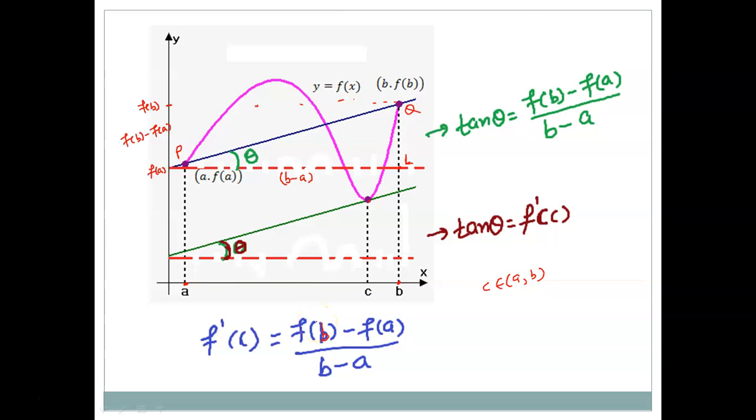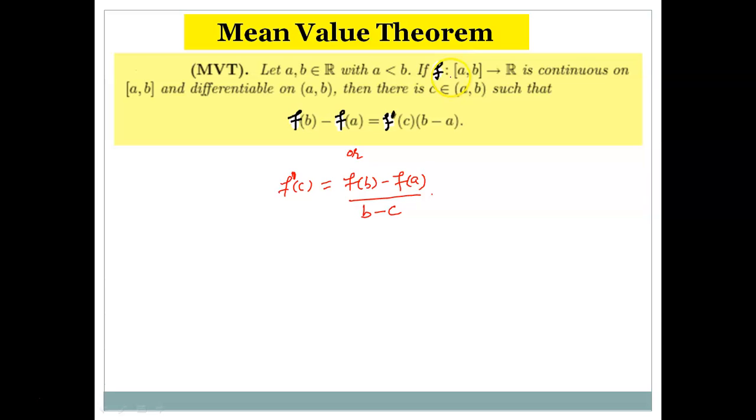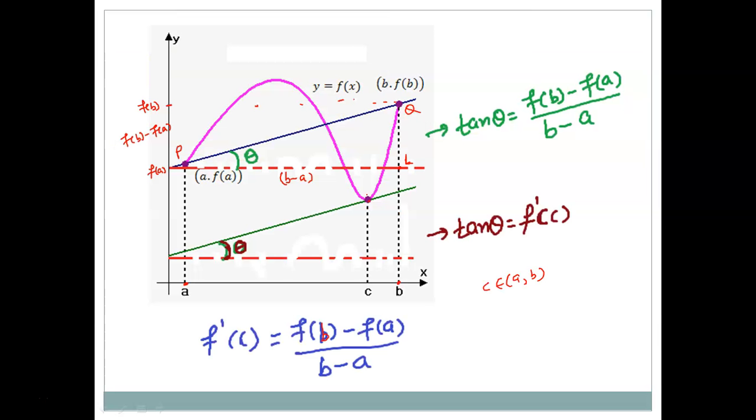If you are given a function f from the closed interval [a, b] to R, which is continuous in the closed interval and differentiable in the open interval, then there exists some point c at which the slope of the tangent to the curve will be equal to the slope of the line joining the points P and Q of this curve. So this is the geometrical meaning of the mean value theorem.